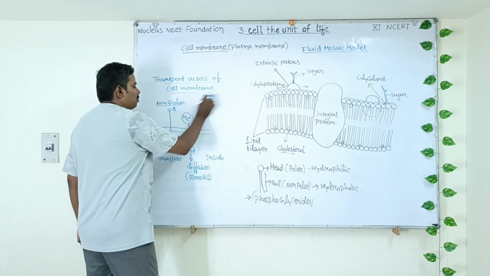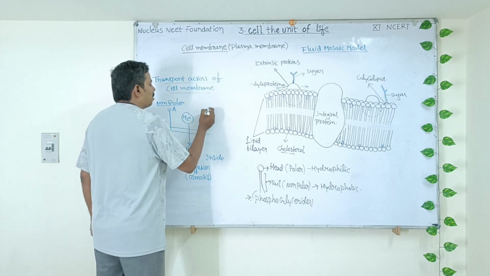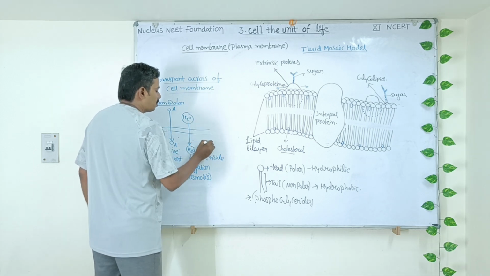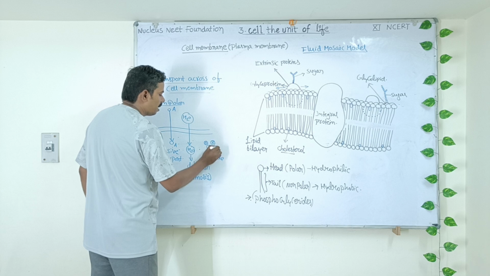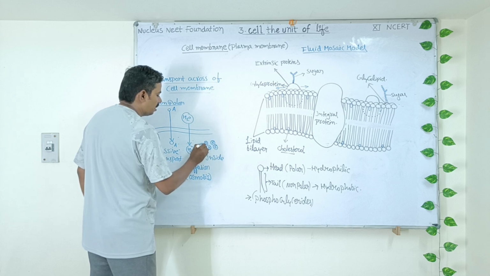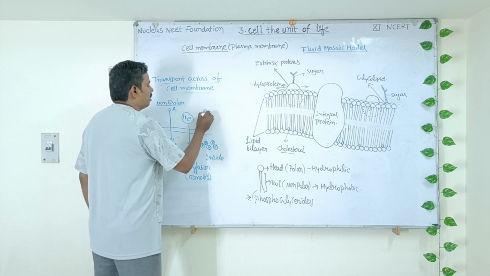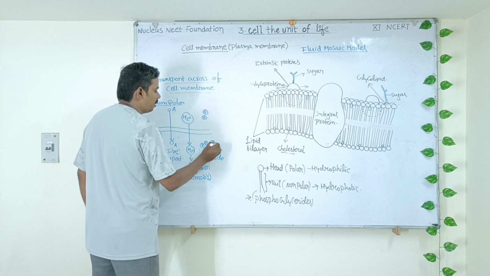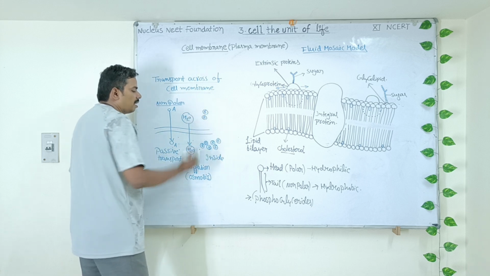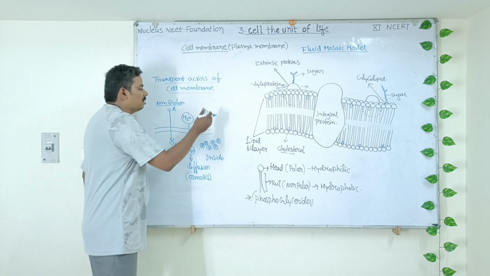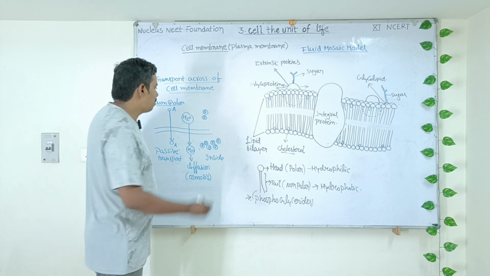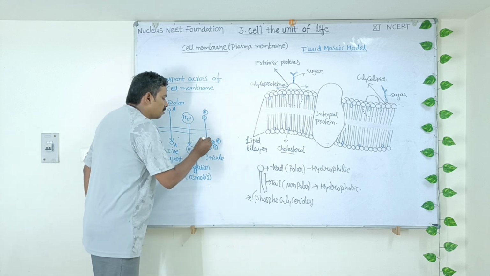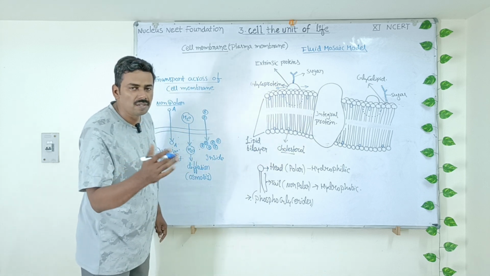Next, coming to a situation where already there is a high concentration of molecules B inside the cell, and outside the cell there is a lower concentration of molecules B. Which side has the high concentration? Inside there is high concentration, outside there is less. But still the molecules are transported from low concentration to high concentration, against the concentration gradient.